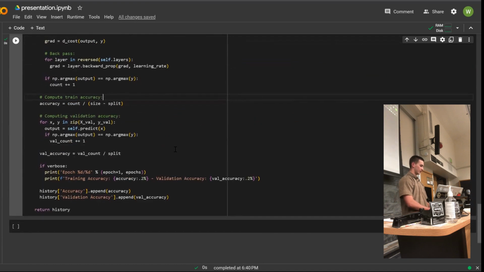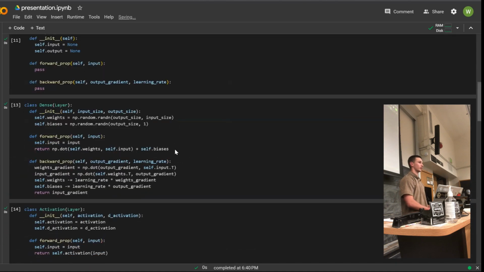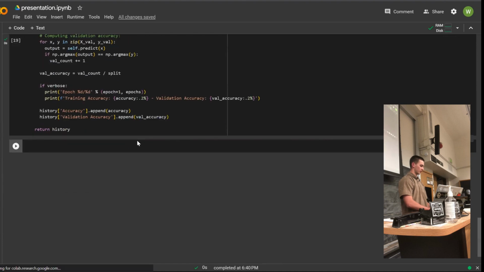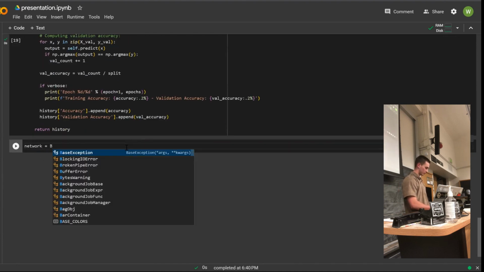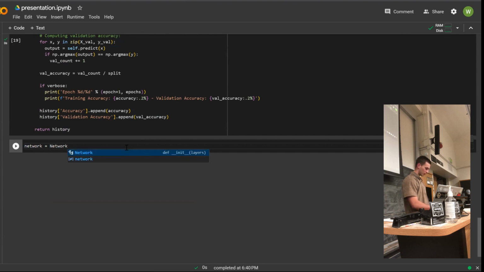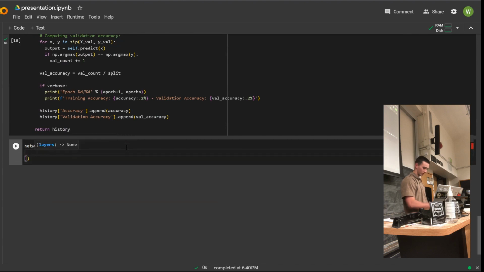Now, we're done building our network. Let's create one using the class we just wrote. So remember, we're going to pass in a list of layers. So we'll start with a dense layer, which is going to take our 784 input variables.